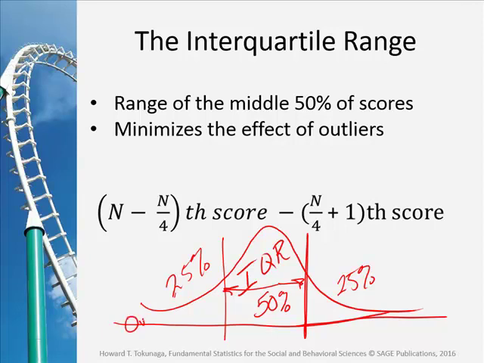My two outliers, not going to bother with that. And we like to think of things in half. So half of the scores are between this range and this range.